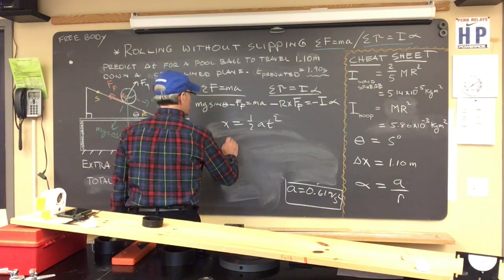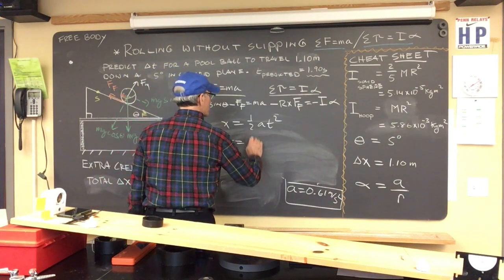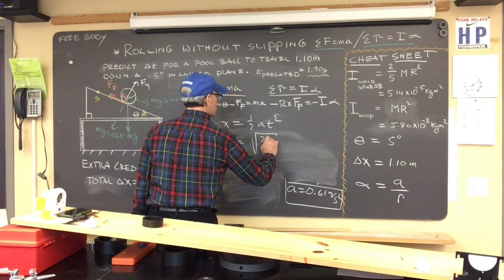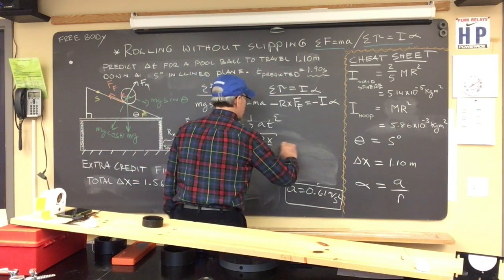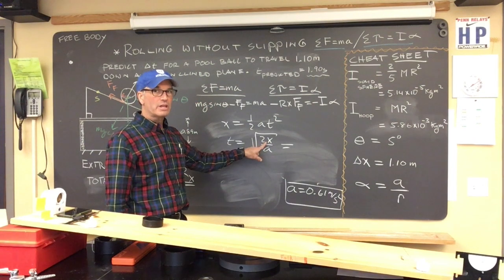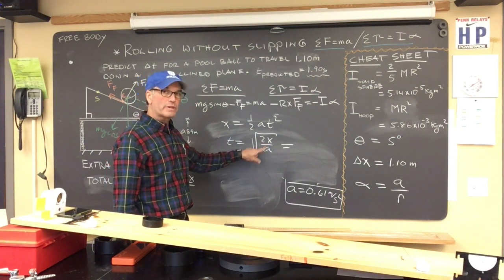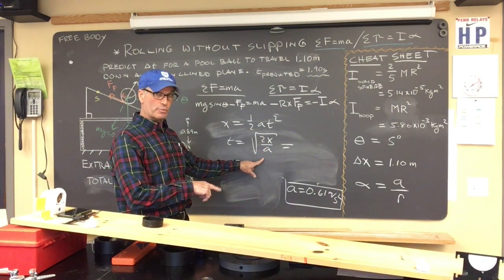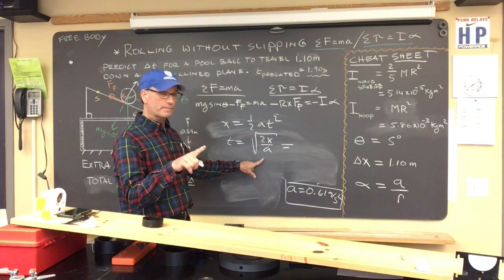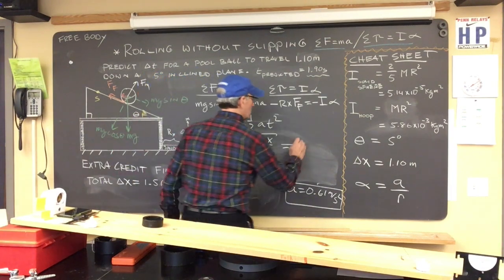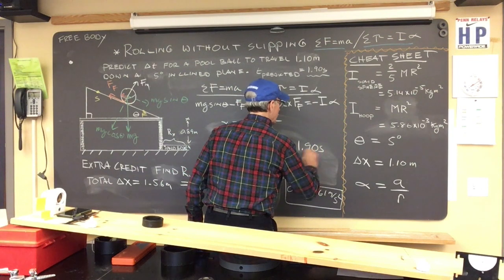So solving for t, we get the square root of 2x over a. And if you plug in twice 1.1 divided by 0.61, take square root, out pops 1.90 seconds.